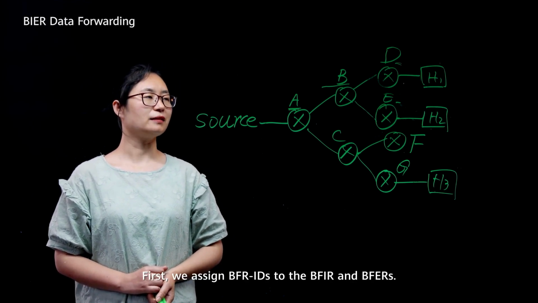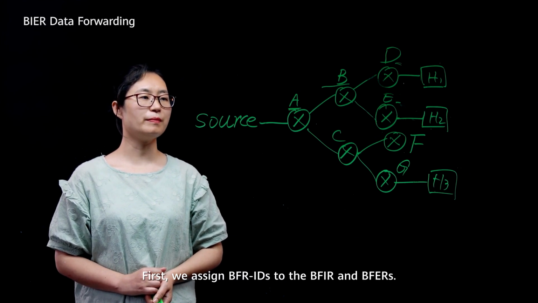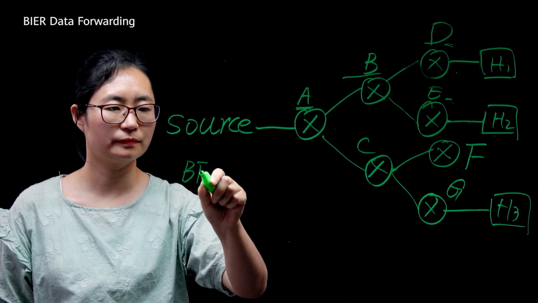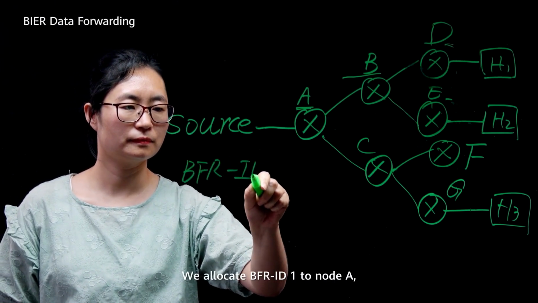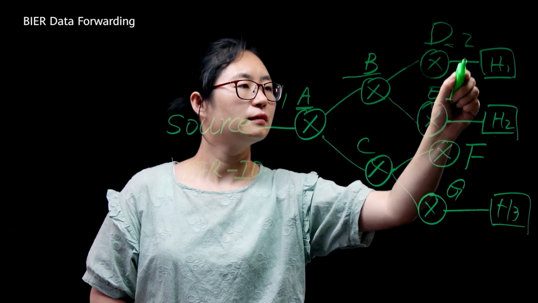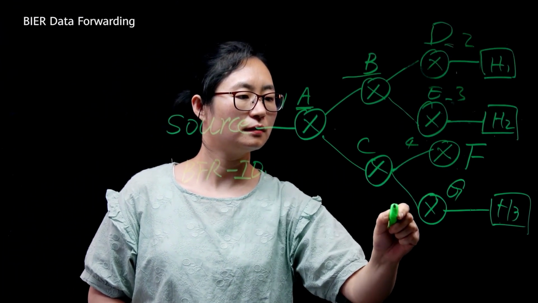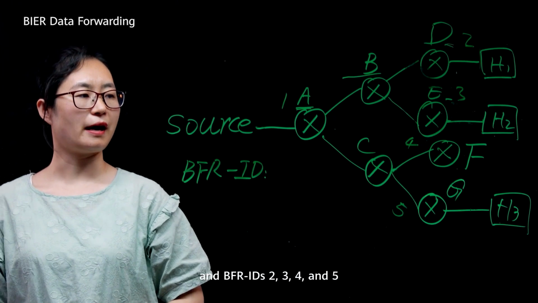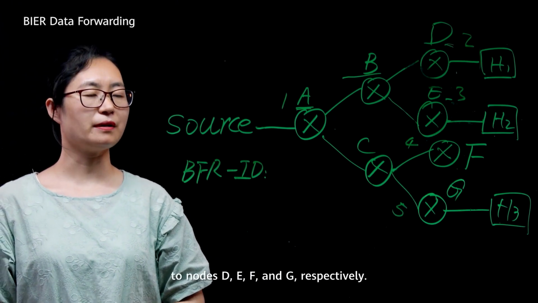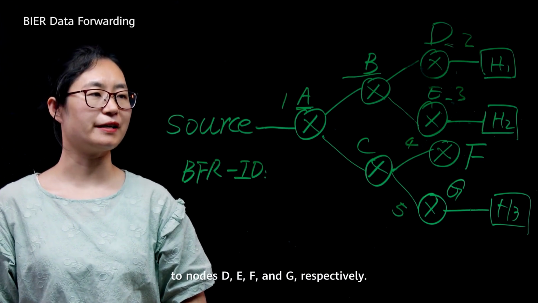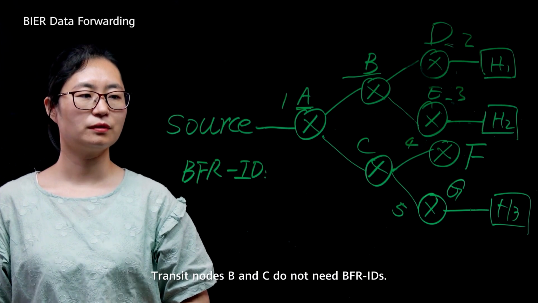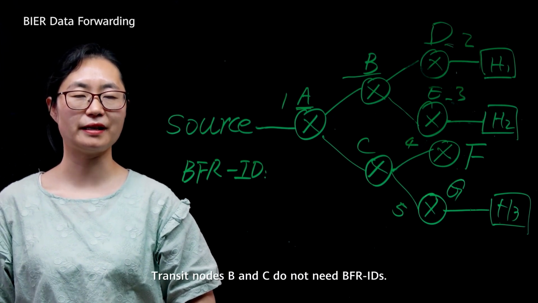First, we assign BFR IDs to the BFIR and BFERs. We allocate BFR ID 1 to node A and BFR IDs 2, 3, 4, and 5 to nodes D, E, F, and G, respectively. Transit nodes B and C do not need BFR IDs.